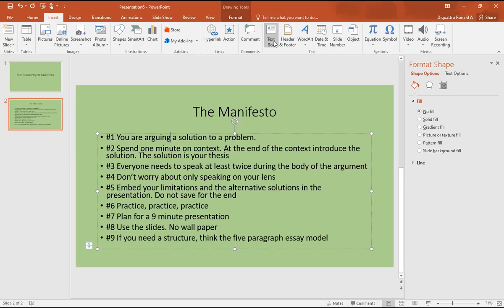Okay. Again, if your group needs structure, think 5-paragraph model. Think opening, closing, 3 big ideas. That might mean that one person's lens, it gets almost entirely cut out. That's okay. It is. But also think about where lenses overlap. Because sometimes economics and politics overlap.